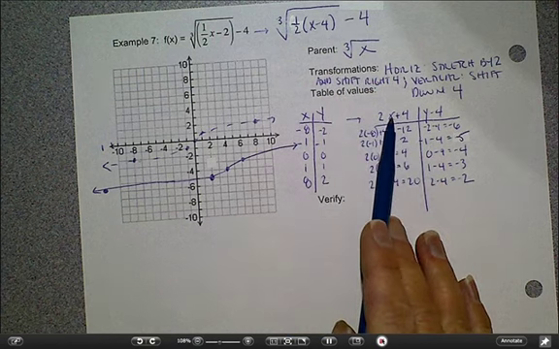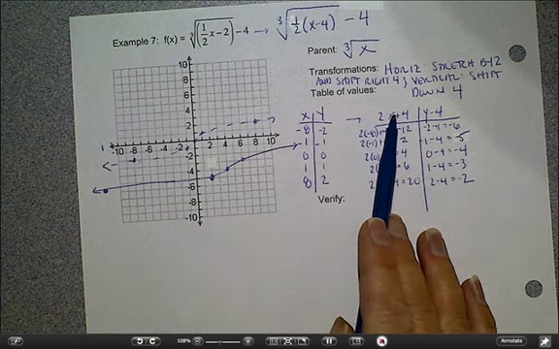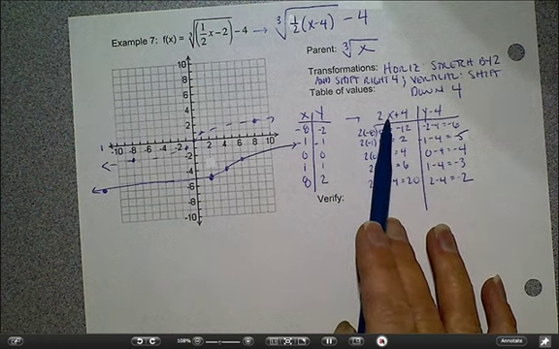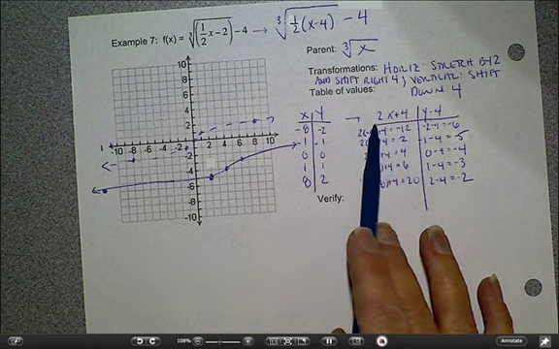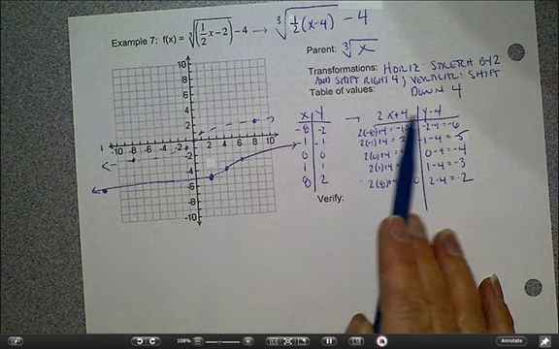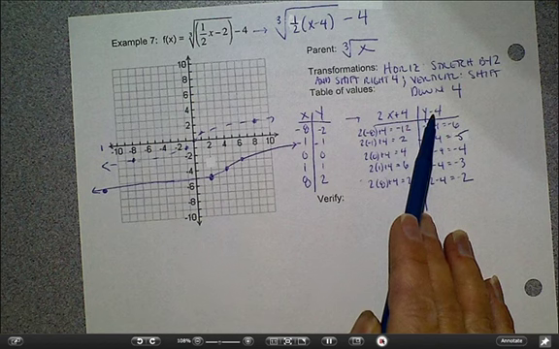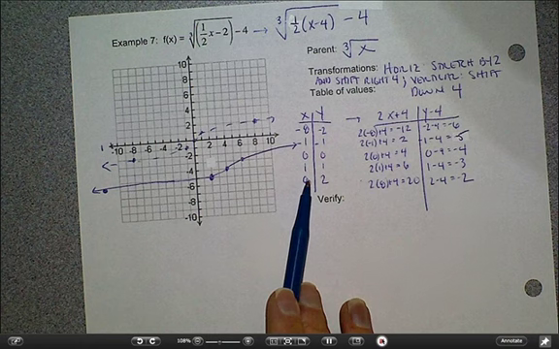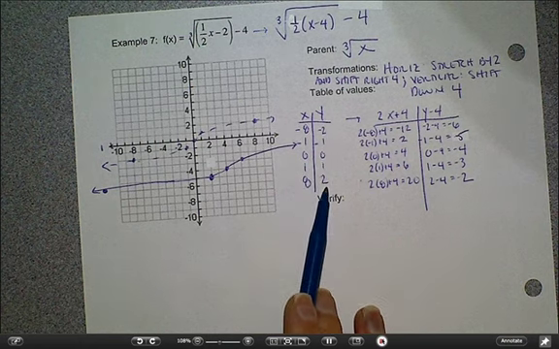So to create the horizontal stretch by 2 and a shift right 4, I had to do 2x plus 4. So stretch by 2, shift right 4. And then to shift down 4, I have to do y minus 4. So I went through each of my x values, multiplied them by 2, and then added 4. Went through each of my y values and subtracted 4.